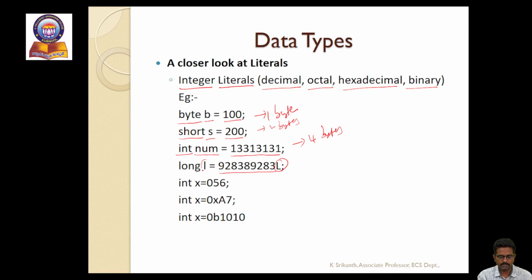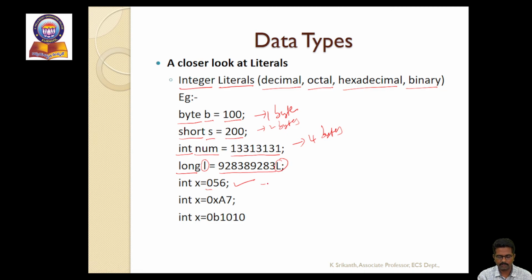So for this long integer, this is a variable, and this is a primitive data type, and we have given a value 9283892283. Because it is a long value, we need to end with capital L or small l. Now you should be very careful with this example where the value starts with 0.